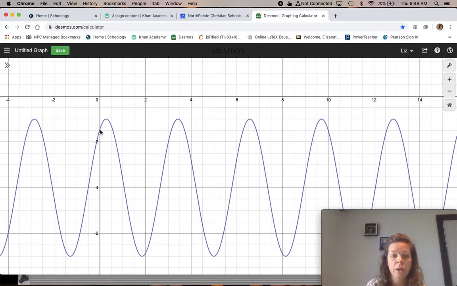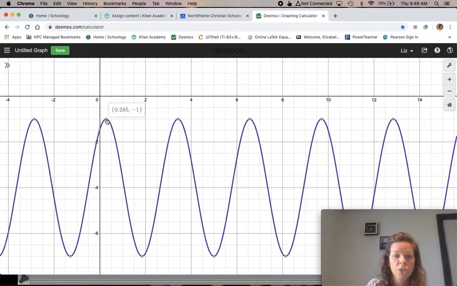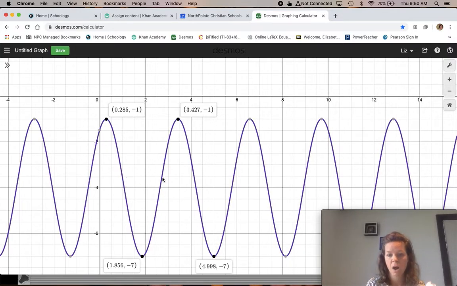The period of the graph is the amount of time that it takes to go from a matching point to a matching point. So it could be from a high value to a high value. It could be from a low value to a low value. Or it could be from a midline to not the next midline, because if I cut off just that part of the graph right here to here, I don't get the whole cycle.